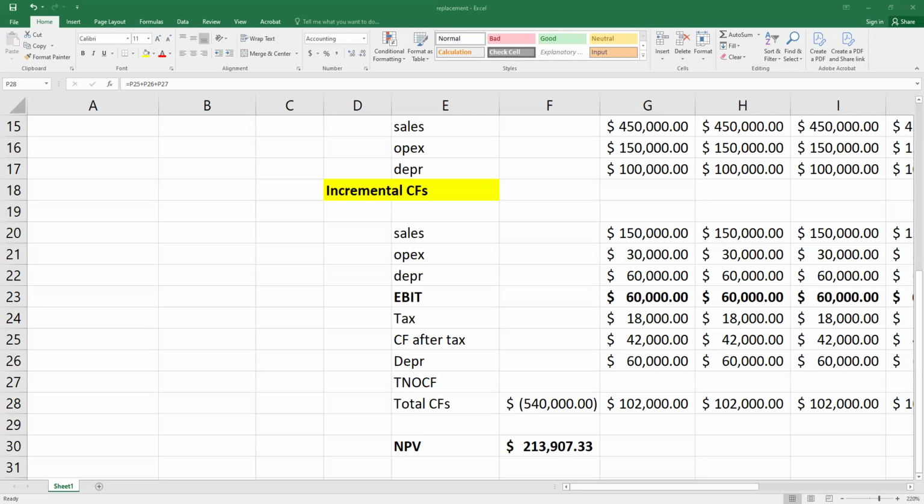Here we are investing $500,000. This is our investment cost, like money that will go out. The life of the project is 5 years.